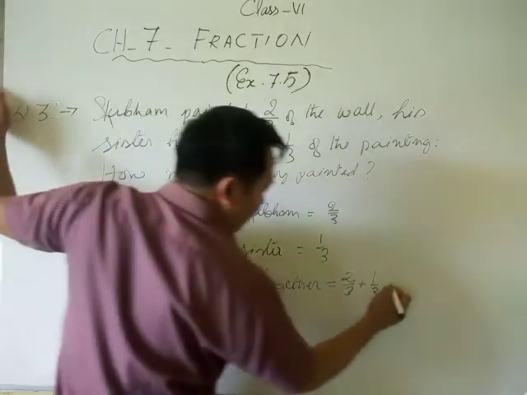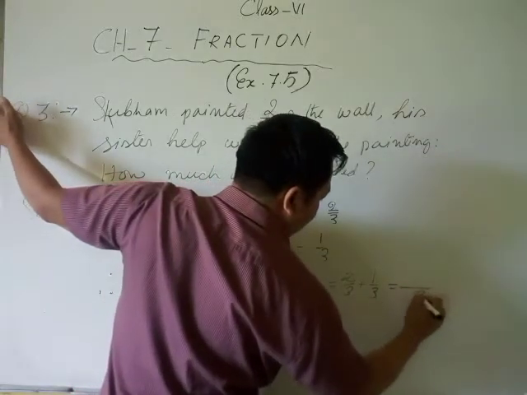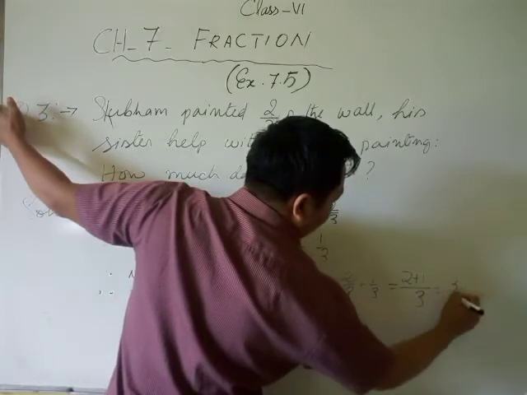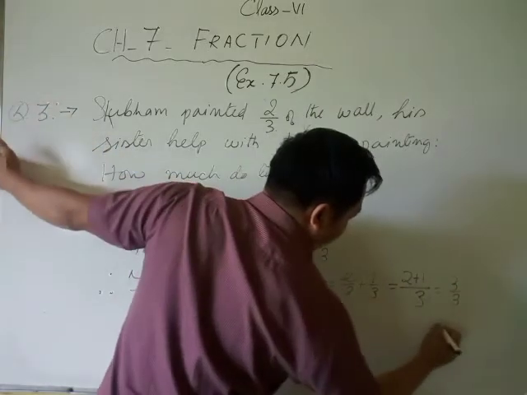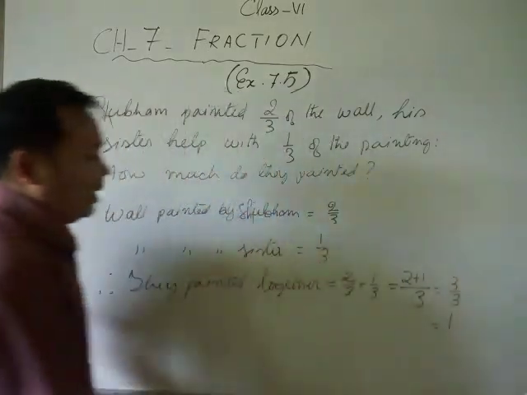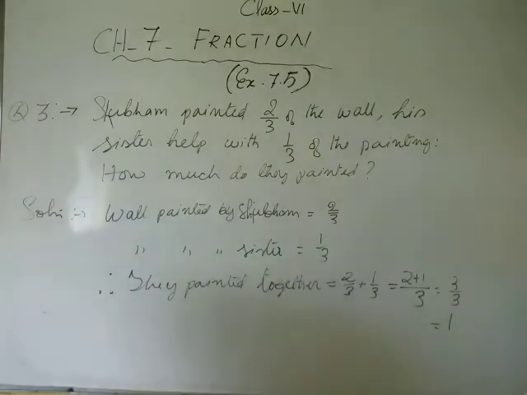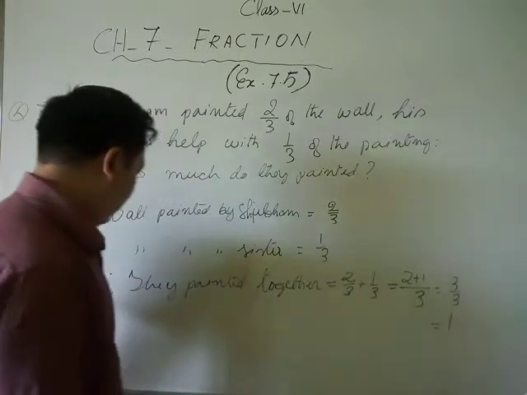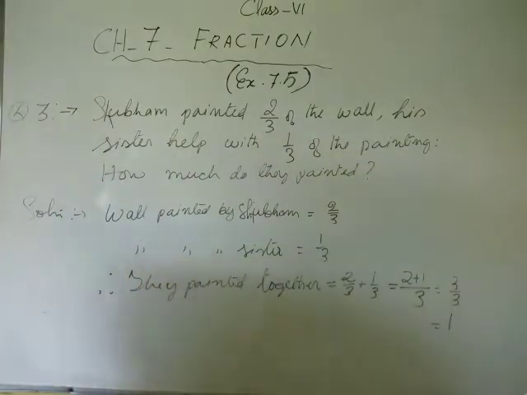That means 2 plus 1 is 3, so 3 by 3. That means equal to 1. The whole wall is finished. The painting is done, isn't it? So this is the answer for question number 3.